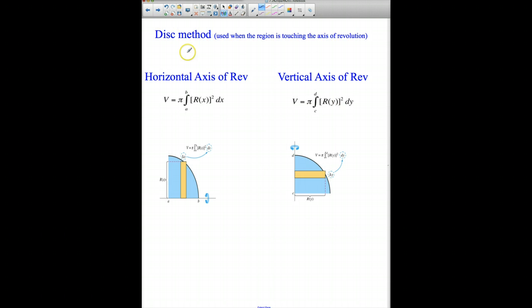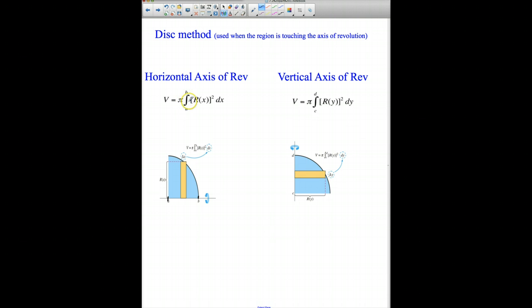Alright, so let's talk about that. If we've got a horizontal axis of revolution, then the height of the rectangle is the function, and we're going to integrate from a to b, so this left side to this right side, rotating around the axis. So when you draw these pictures, drawing the curve, shading the region that you're trying to rotate, remember sometimes finding the region is half the battle, and then draw a little arrow around the axis that you're revolving around, because it does make a big difference.